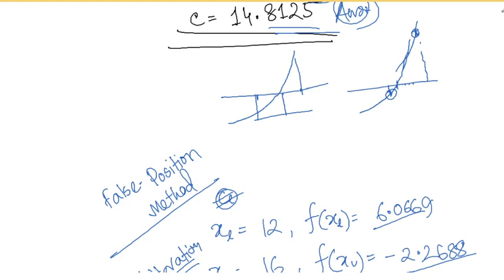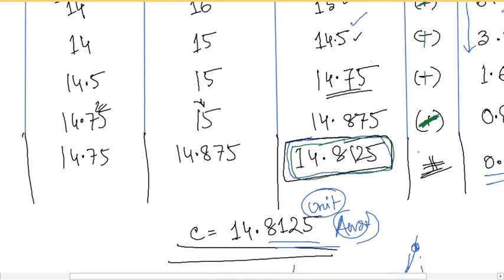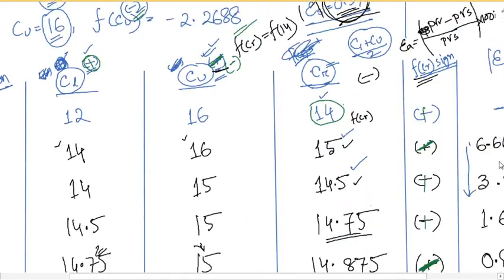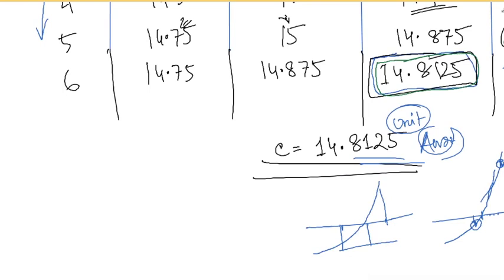In the bisection method, what we have found, if you can remember, is that if you know the initial guess, you need to know the absolute error for any step to calculate.